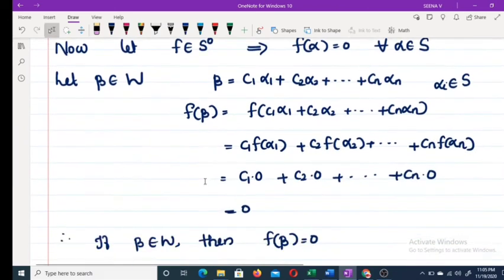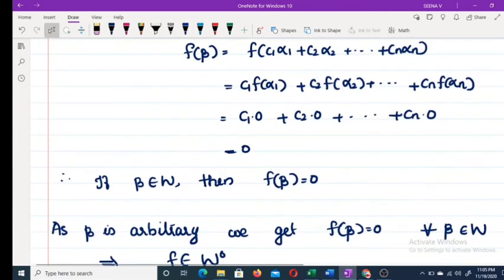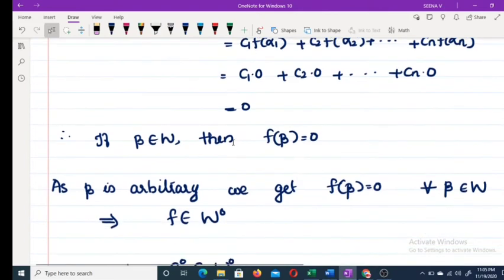That means f of alpha equals 0 for every alpha belongs to S. Therefore alpha 1, alpha 2, etcetera, alpha n belong to S. This implies f of alpha 1 equals 0, f of alpha 2 equals 0, etcetera, f of alpha n equals 0. Therefore f of beta equal to 0.